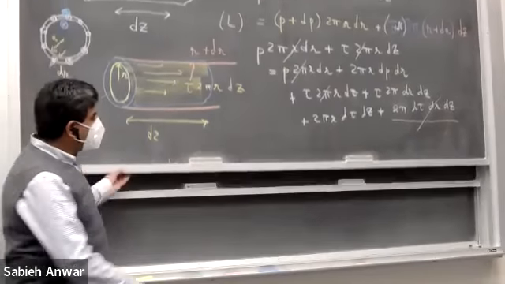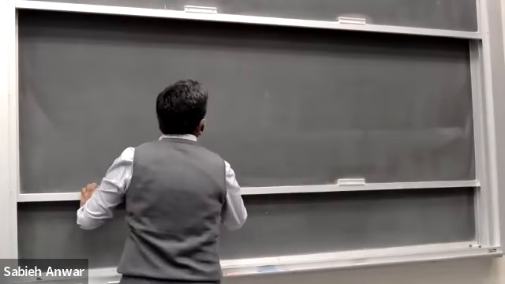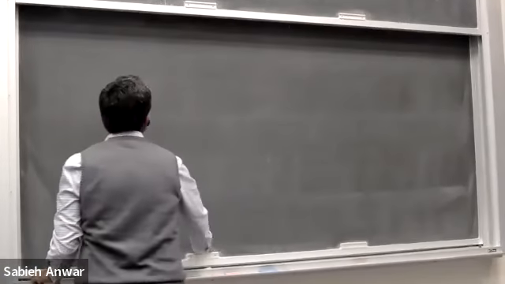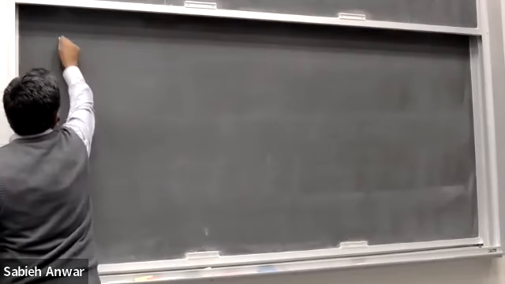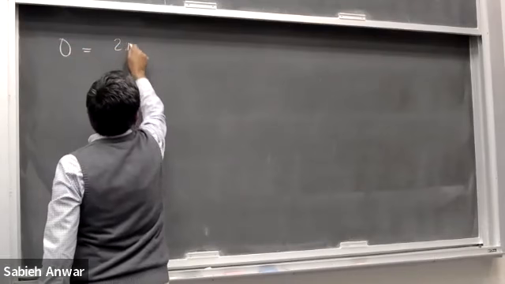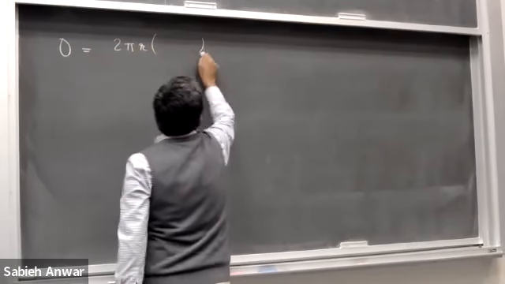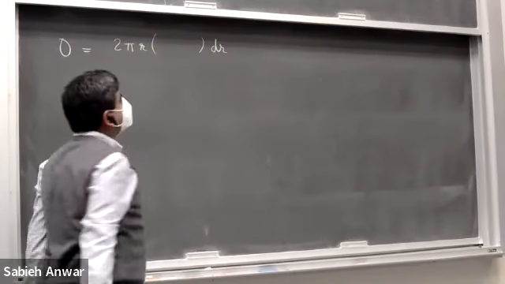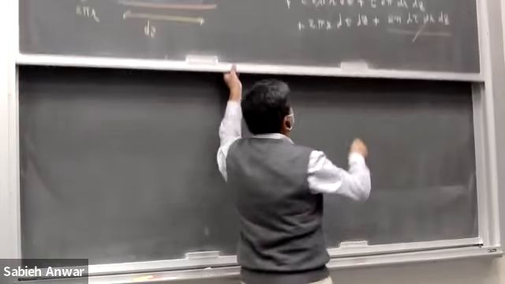Now, if we do all of this, we get 0 equals 2 pi r dp into dr. So this term, I'm going to write this term here.